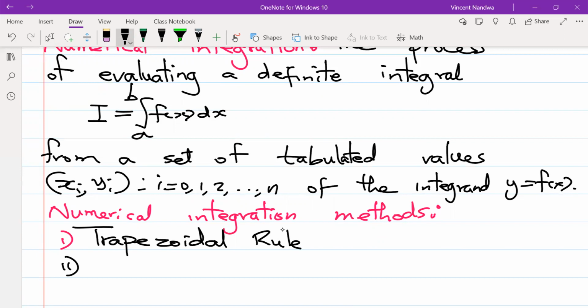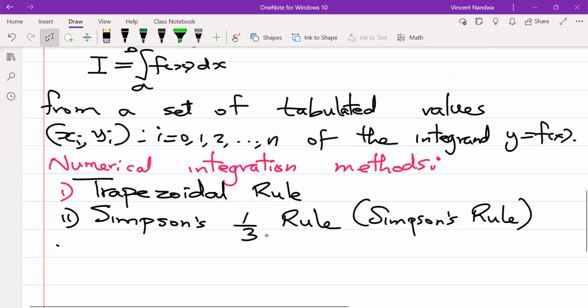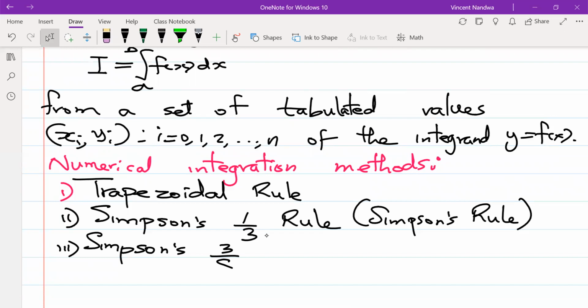Number two is what we call Simpson's third rule, or mostly we call it Simpson's rule. And number three is what we call Simpson's 3/8 rule. We also have what we call Romberg's integration.